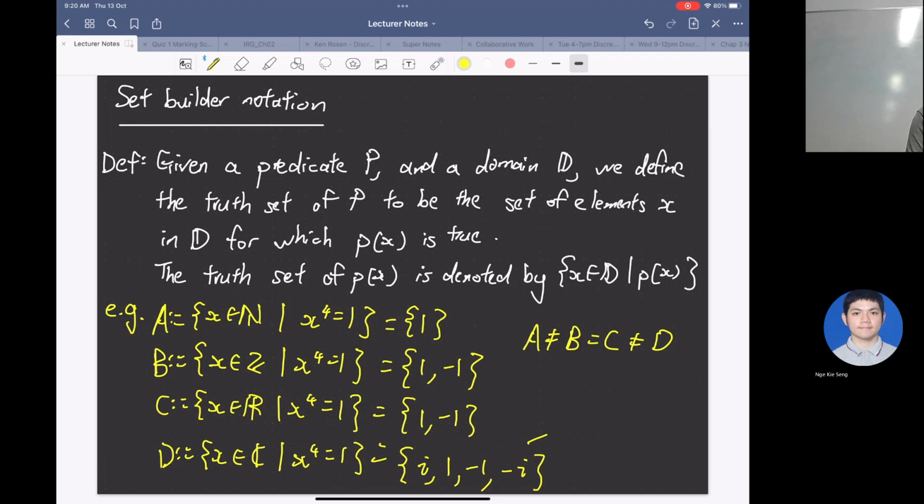These are called, actually this part is called, the roots of unity, the fourth roots of unity. A degree 4 polynomial has 4 roots.